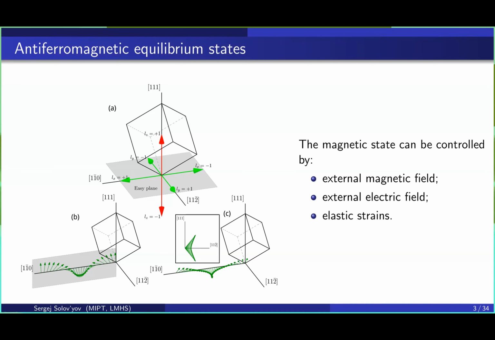We will talk about the direction 1 -1 0 in the further talk. Some other equilibrium magnetic states are possible when we apply an external magnetic field, external electric field, or elastic strains. In this case, we can get some other equilibrium states.